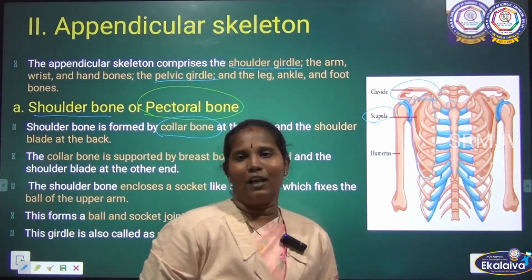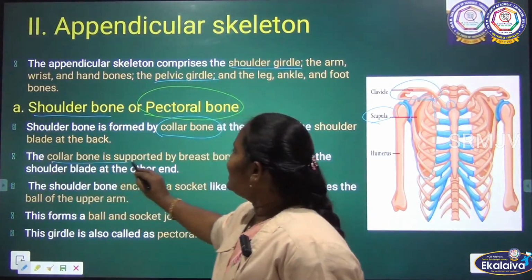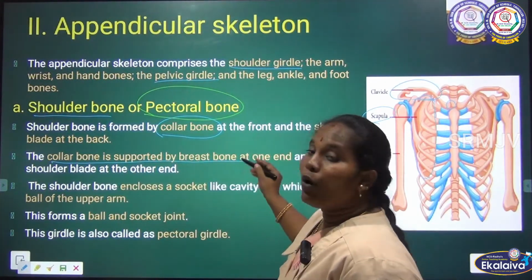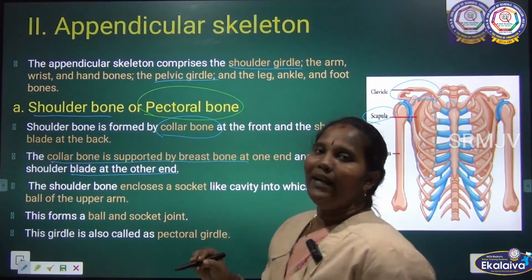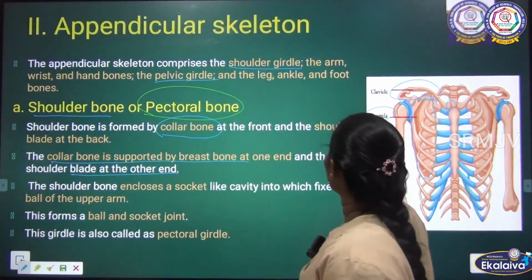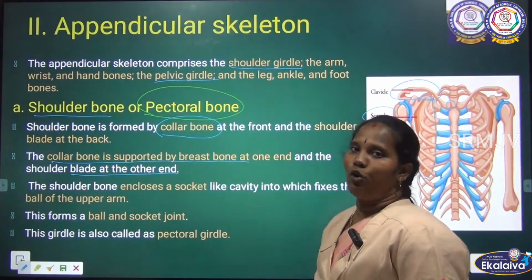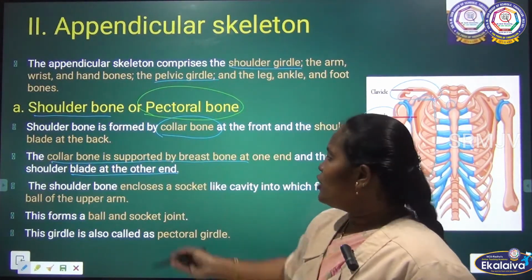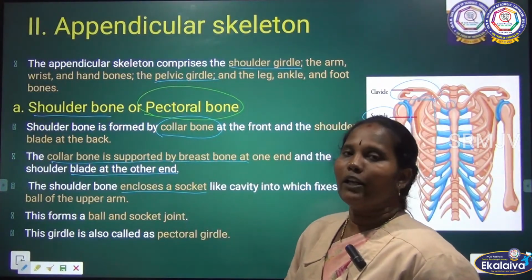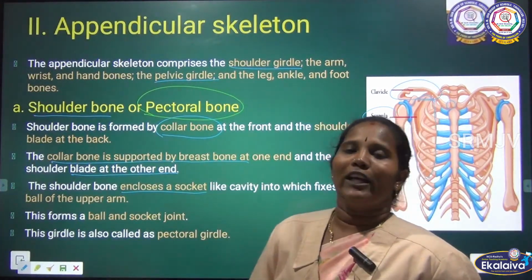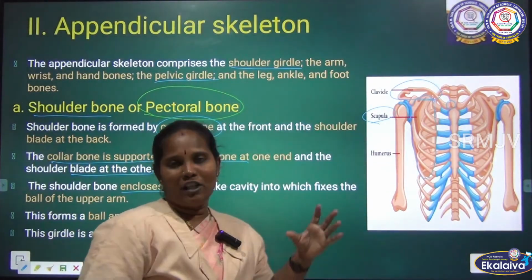This is the collarbone. The collarbone is supported by the breastbone at one end, and at the other end by the shoulder blade, which is the scapula. After that, the shoulder bone encloses a socket. Socket means the arm attaches with the collarbone.